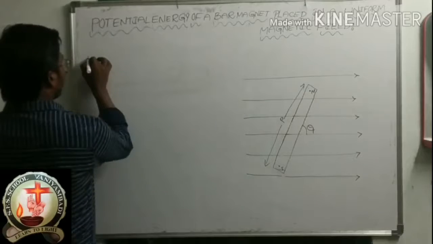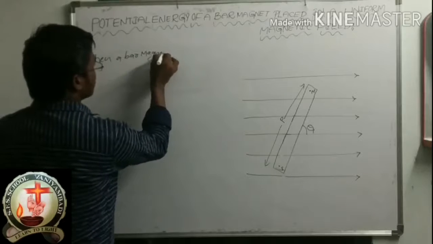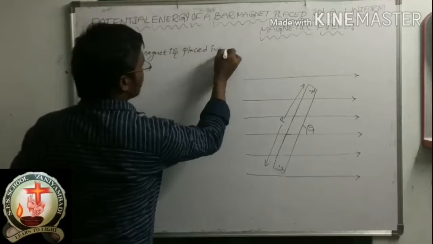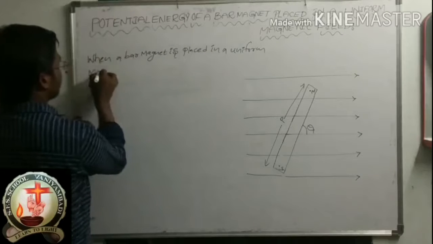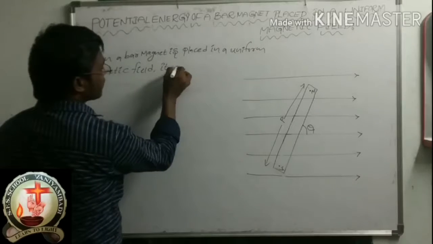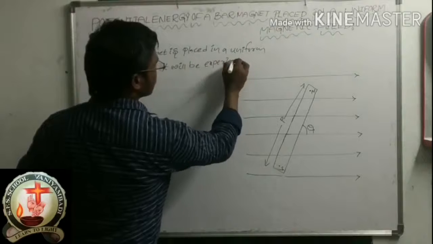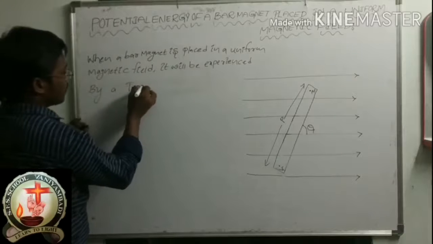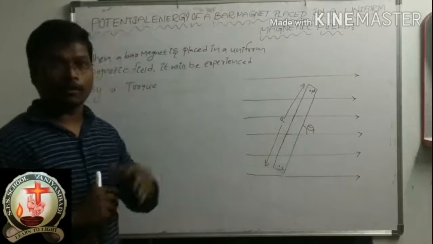Correct. So when a bar magnet is placed in a uniform magnetic field, it will experience a torque.